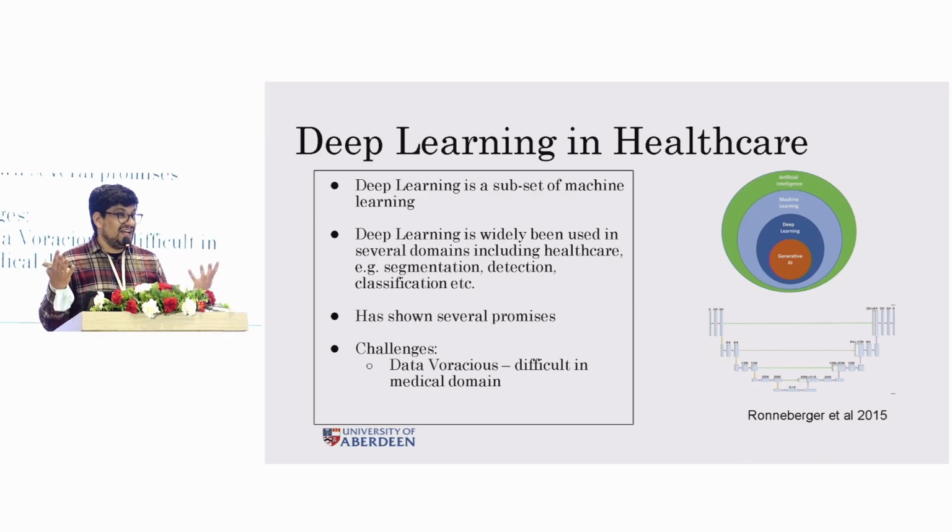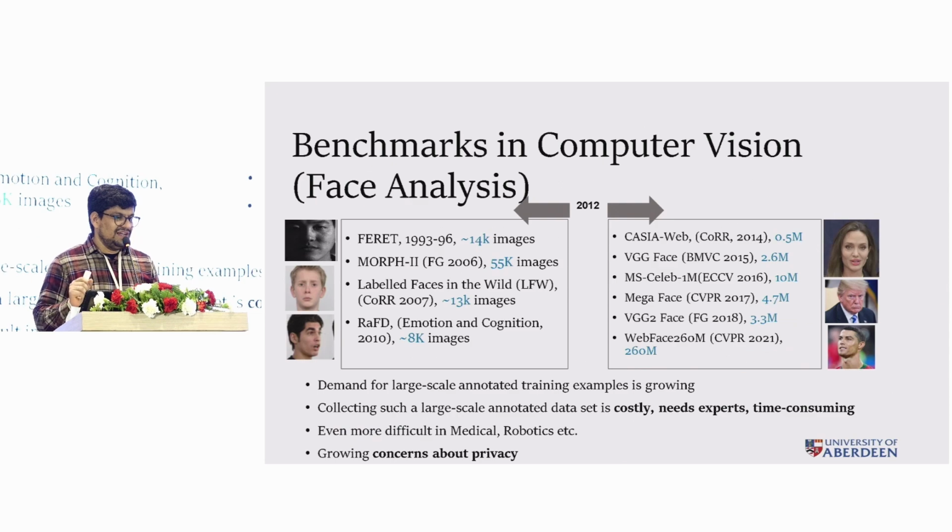But what are the challenges now? The challenge is that it's voracious. It takes a large amount of data. How large? I'll show you a slide here. In a presentation related to healthcare, I'm showing a slide related to face analysis, on which I worked for many years. I'm showing this because it is one of the most extensively studied domains in AI.